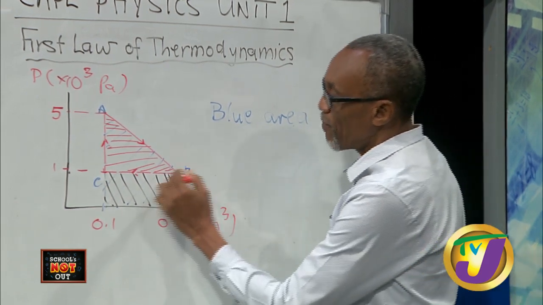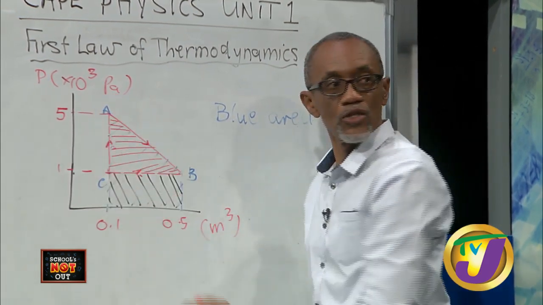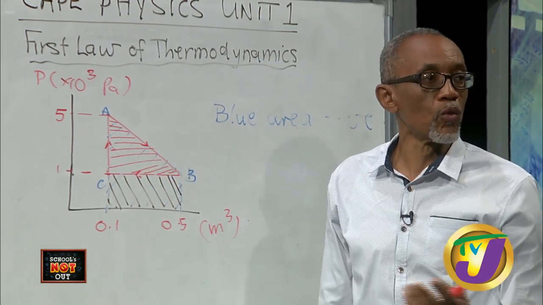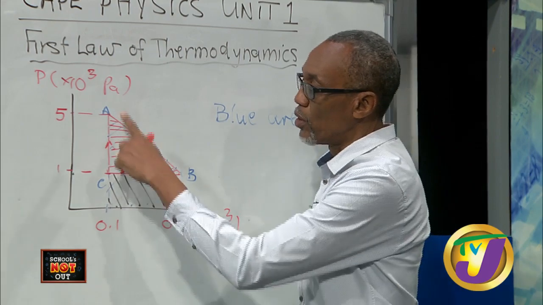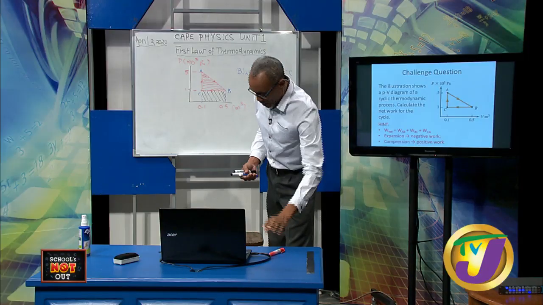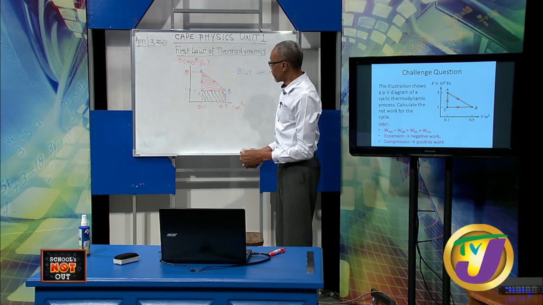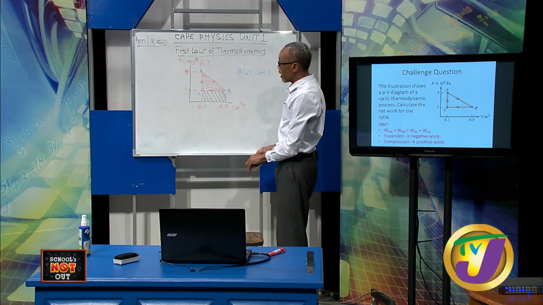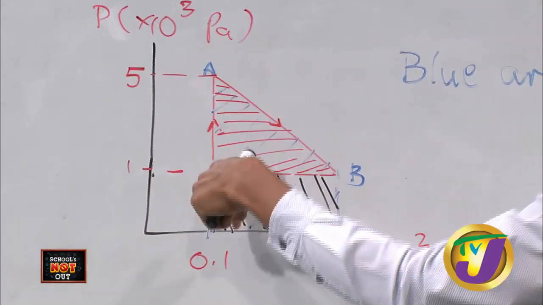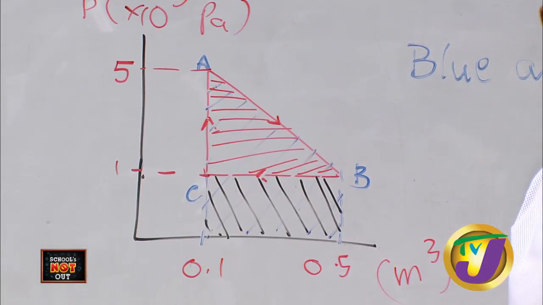So if we were to find the area of this triangle, we would be able to determine how much work is done for this whole cycle. And we know the area of a triangle is half times the base times the perpendicular height.